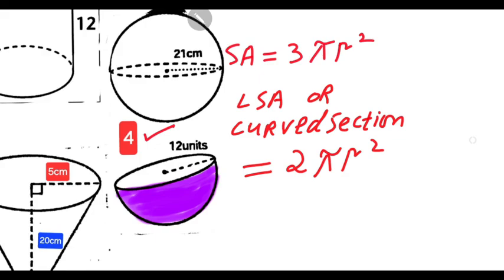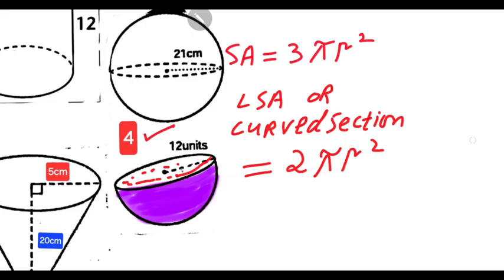And the flat section, the area of the flat section, this is the flat section. This is always pi r square, because it's like a tennis ball, half of the tennis ball. So this is the circle. The area of the base is circle, so that will be always the flat section.